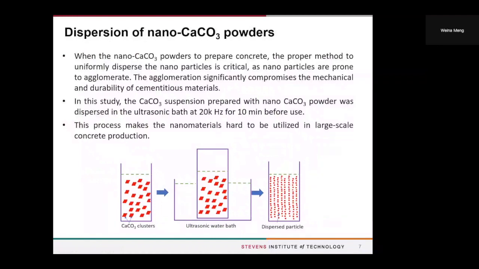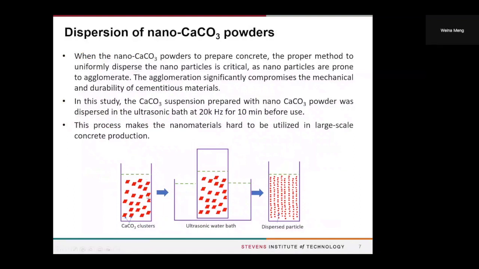So just like many other types of nanomaterials, when we use the nano calcium carbonate powders to prepare concrete, to uniformly disperse it is the key, it is very critical, because nanomaterials are prone to agglomerate. If it agglomerates, it will be hard to perform well in the concrete matrix and give good mechanical properties and durability.